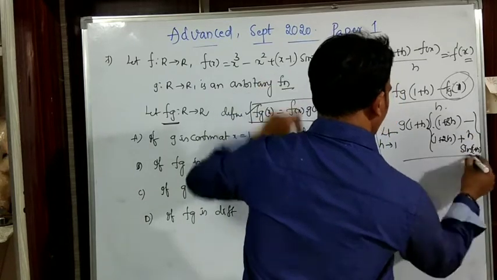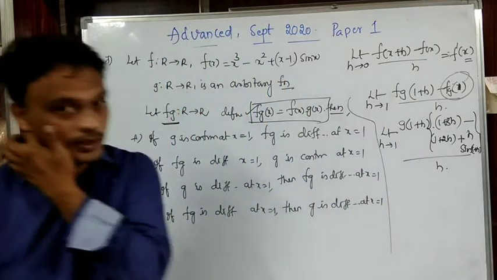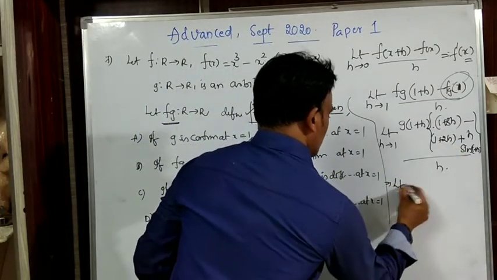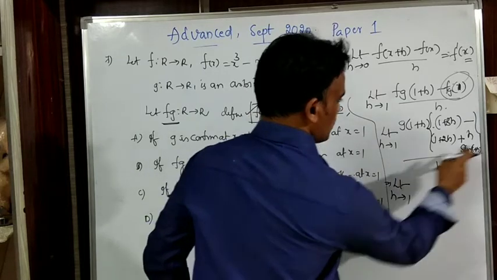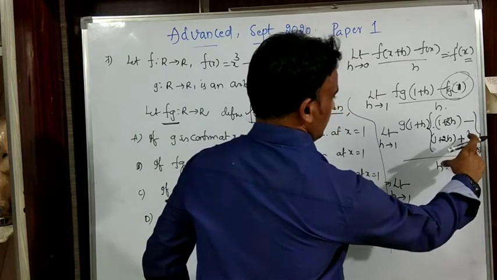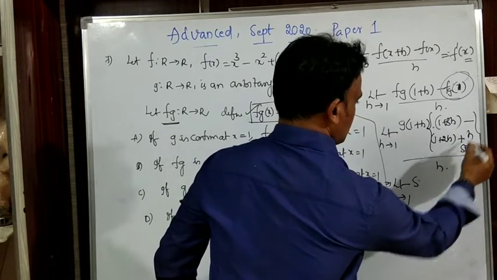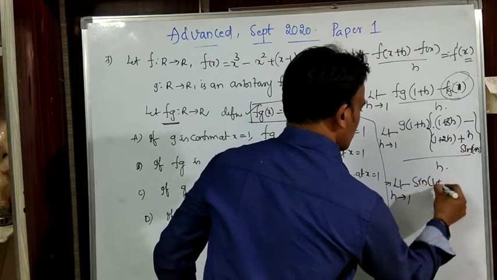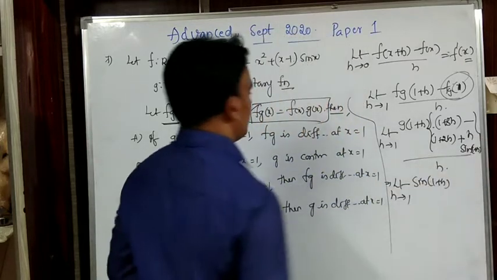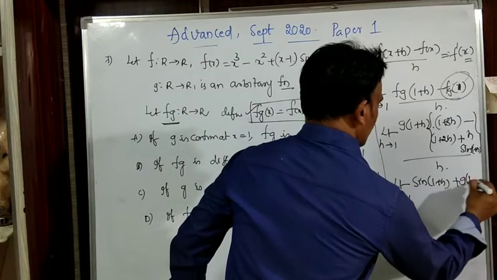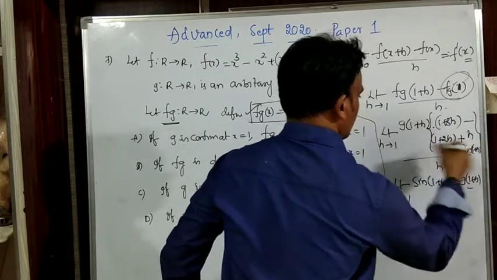This is the function divided by h. I am going to separate the function. The limit as h tends to 1 of this term is sin of (1+h) into (1+h) by h, and plus g of 1 plus h into this function.